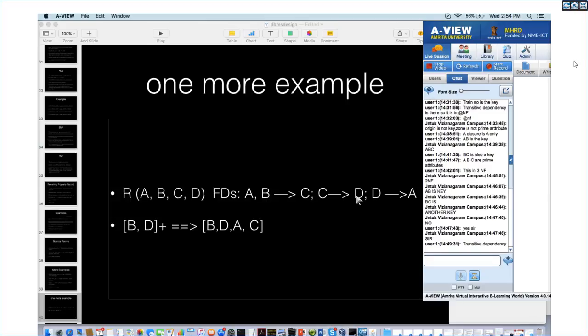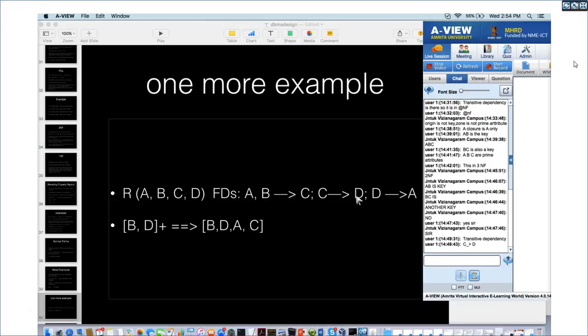Now I am getting an answer from user 1. Okay. See the FD2 is violating what?